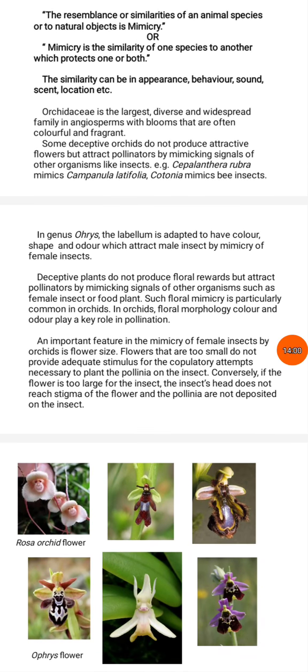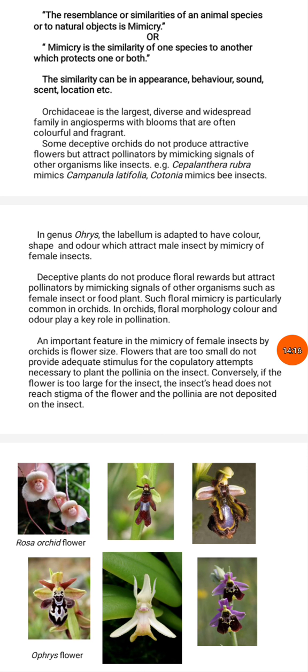Again, most deceptive plants do not produce floral rewards but attract pollinators by mimicking signals of other organisms, such as a female insect or a food plant. Such floral mimicry is particularly common in orchids.